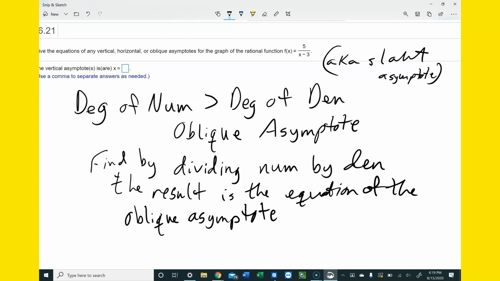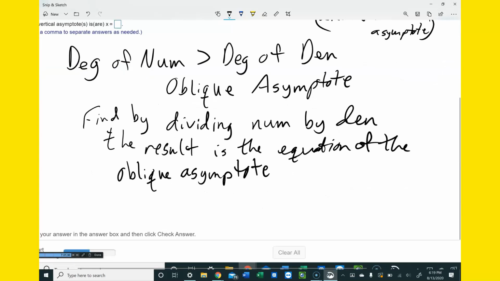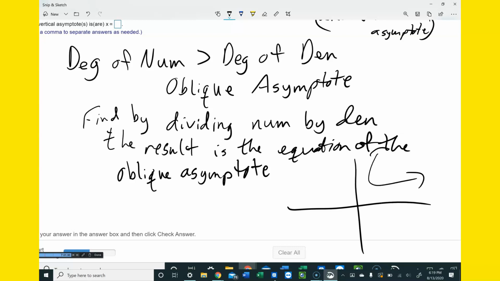So a slant asymptote would be like if we had something like this. So that would be the slant asymptote of that rational function.